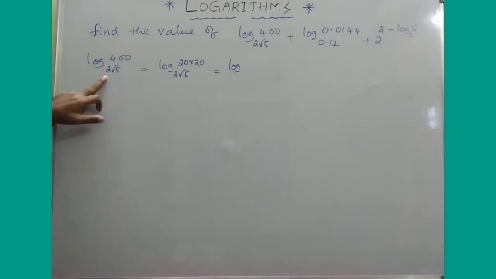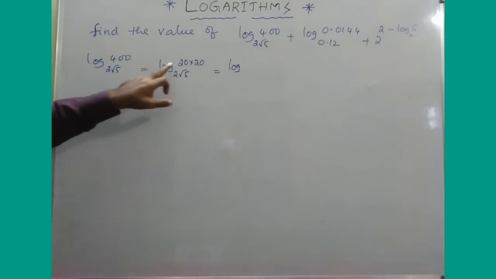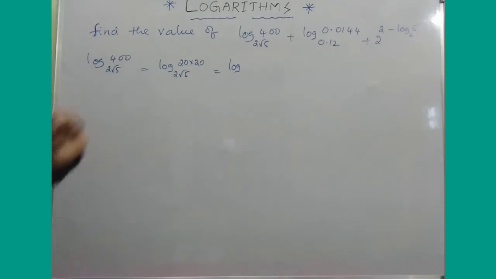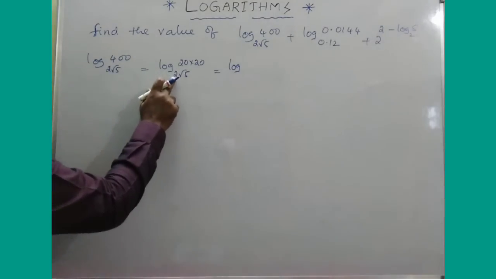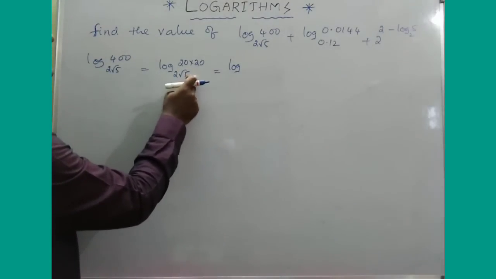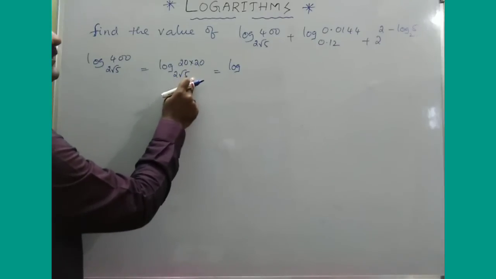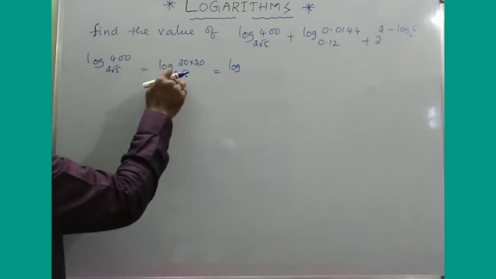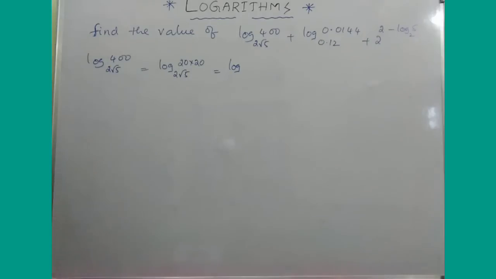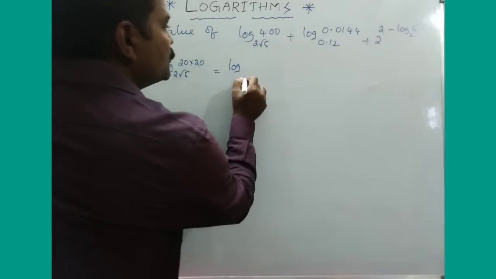So consider the first part, that is log 400 to the base 2 root 5. 400 can be written as 20 into 20, isn't it? By 2 root 5. Now 2 root 5, if 2 goes inside the root, it is 4 into 5, isn't it? When it goes into the square root, it becomes a square. So 2 square is 4, and 4 into 5 is root 20 finally.